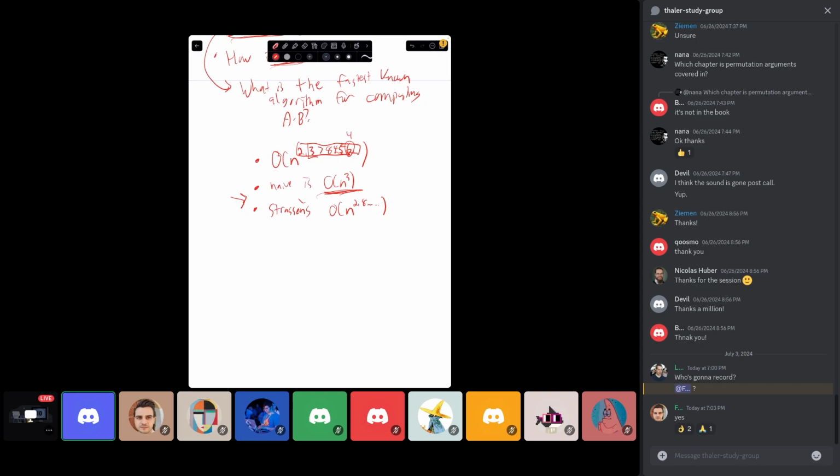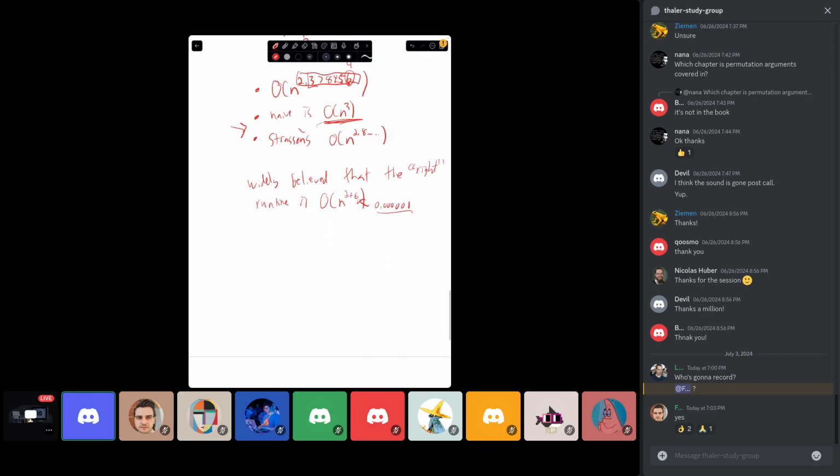And anyway, to cut to the chase, it's widely believed that the right runtime is n to the 2 plus epsilon, meaning you think of this epsilon as some very very small constant. So it's widely believed you can get really really close to n squared time, but not literally achieve n squared time.